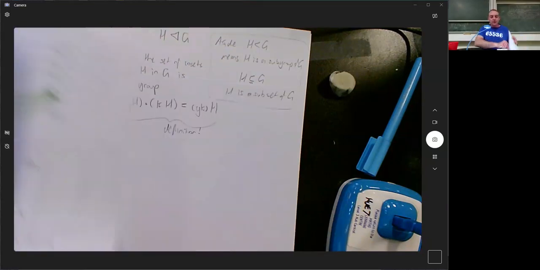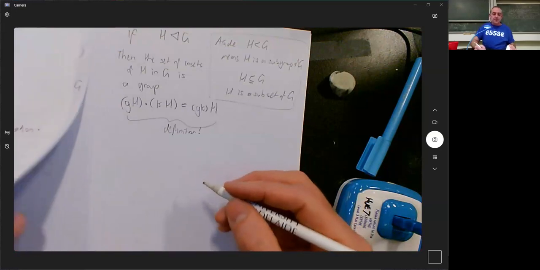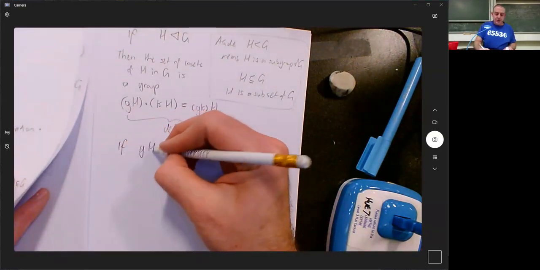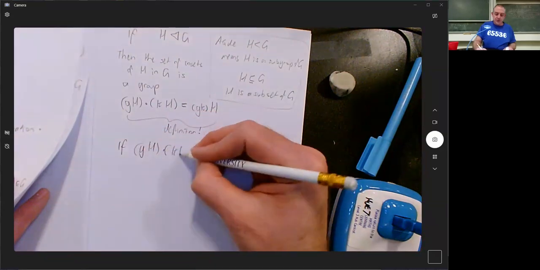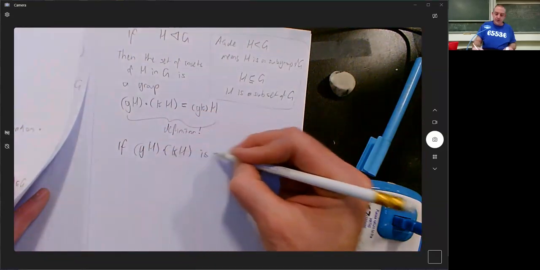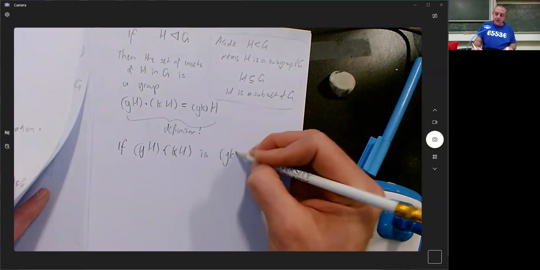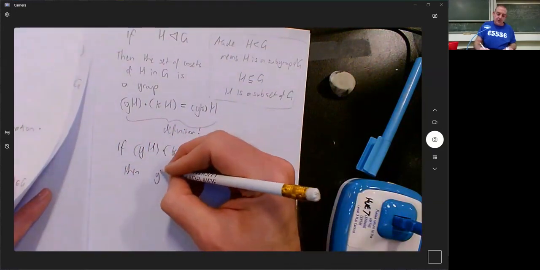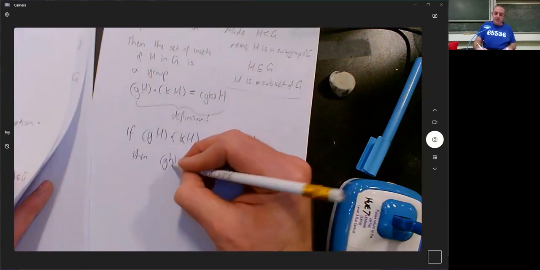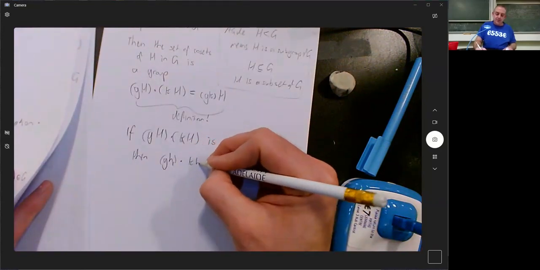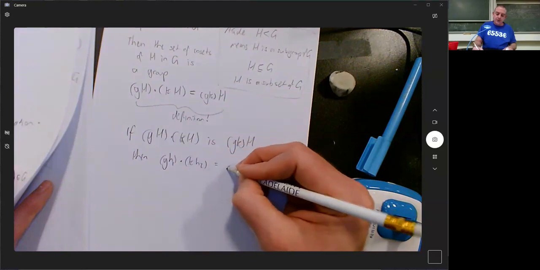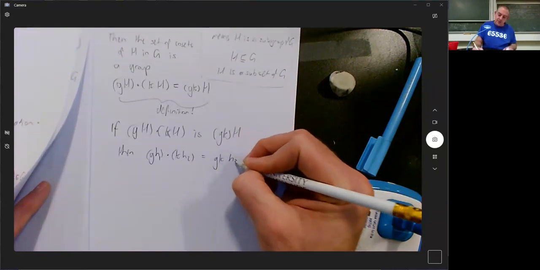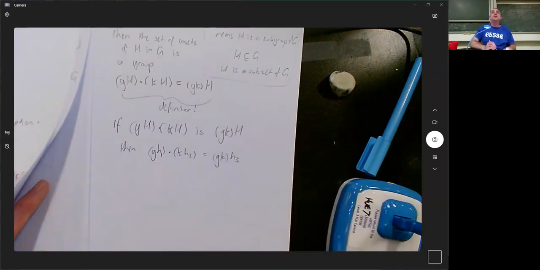So when you do the group multiplication, if GH times KH is indeed GKH, then G times H1 times K times H2 will be G times K times some H3, basically.